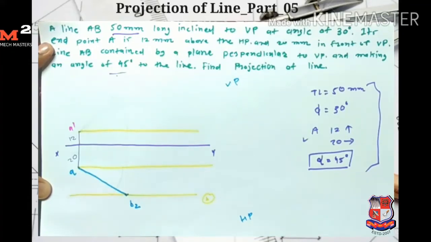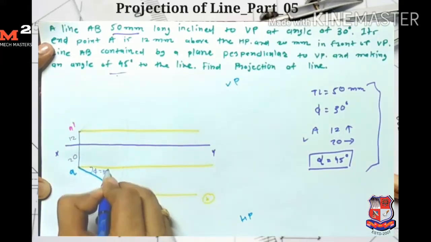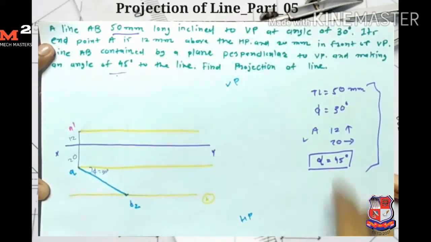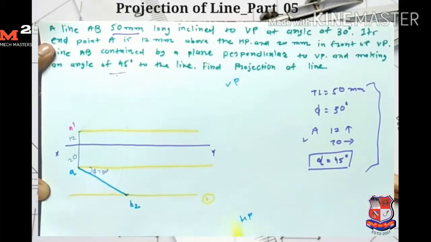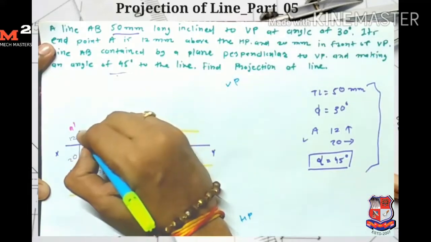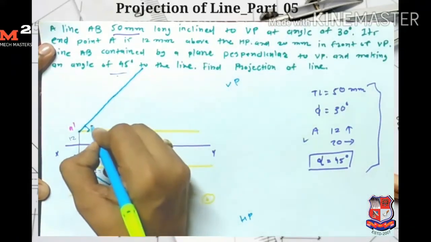Now this angle is phi equal to 30 degree. Now here we have the angle alpha equal to 45 degree, so from here I draw the line at an angle of 45 degree. I don't know where the point B dash is, but I know this point is on this line.